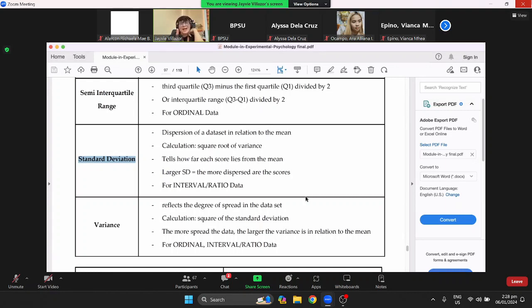Pero doon mo makikita, sino ang mas dispersed? Sino yung mas heterogeneous yung score? At siya, almost the same lang yung score niya. Halos lahat ng grade niya sa English, Science, Math, 87 lang.